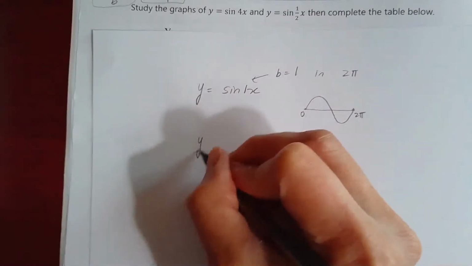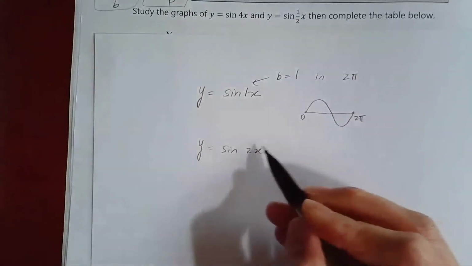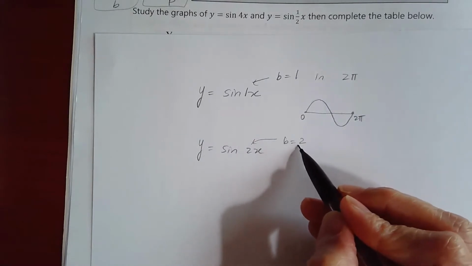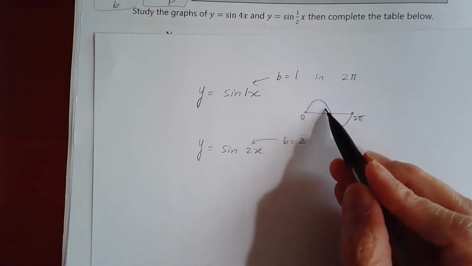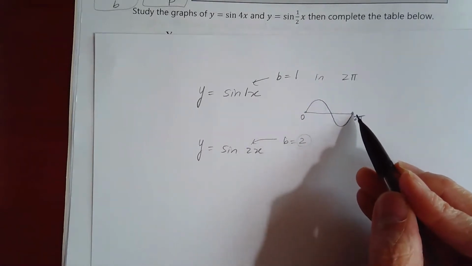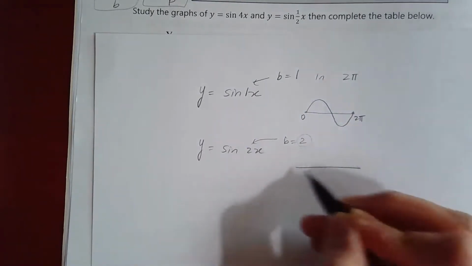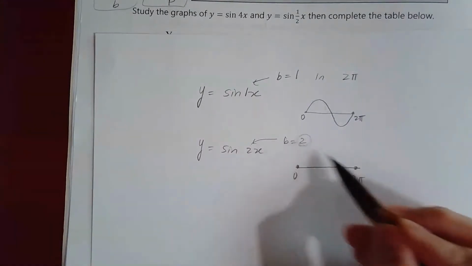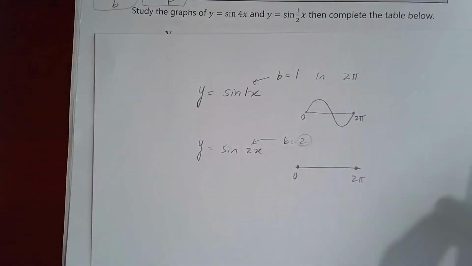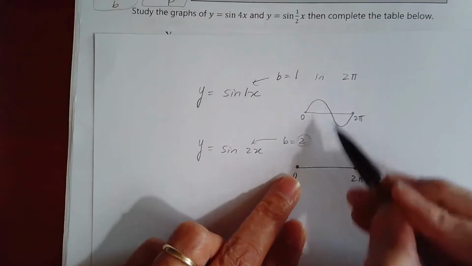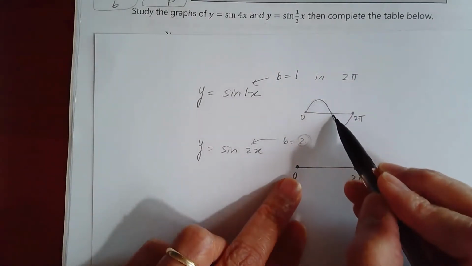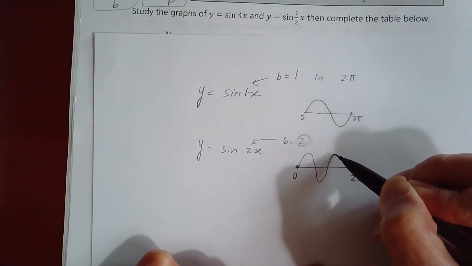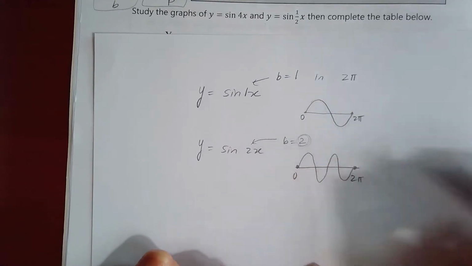Now when we get to y equals the sine of 2x, they're saying here the b is equal to 2. It means that we have to fit two complete cycles in the span of 2 pi. So if this is 0 to 2 pi, how can we have two of these? Well, the only way we can have two complete cycles, two complete waves, is when we squish them like that.